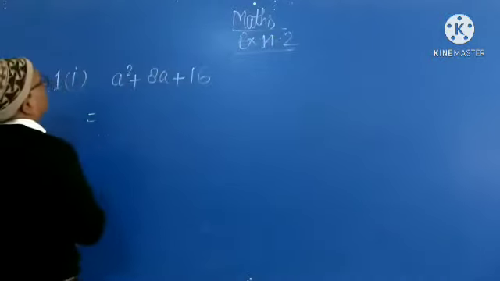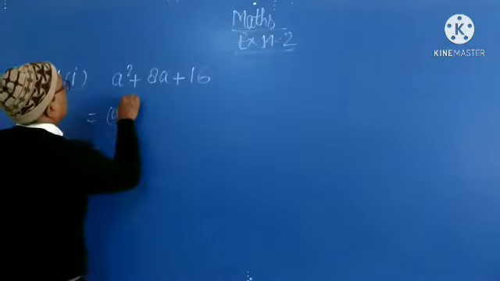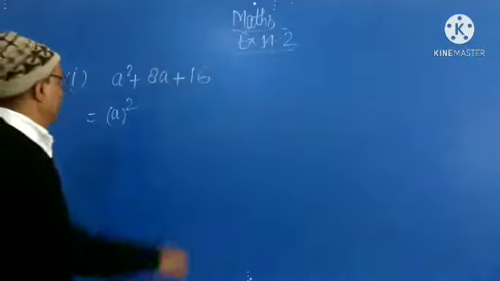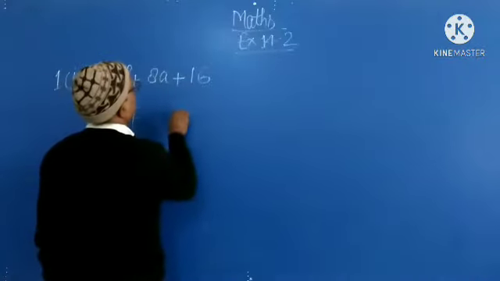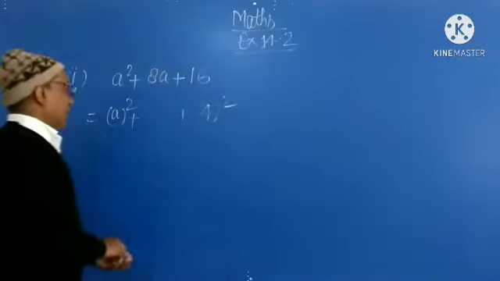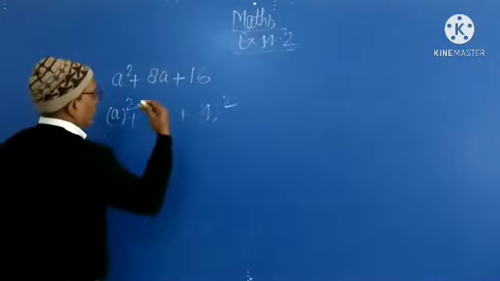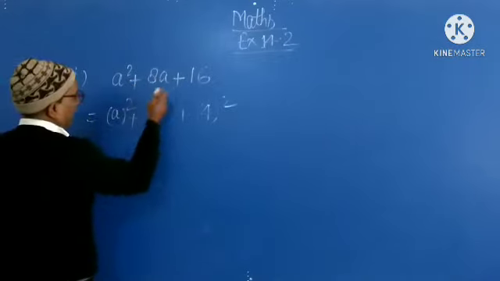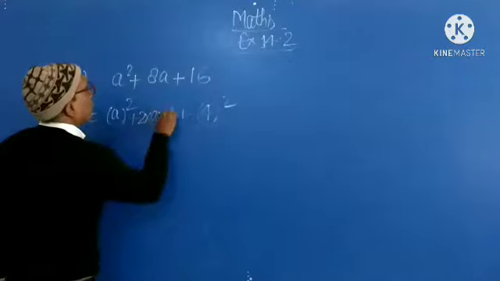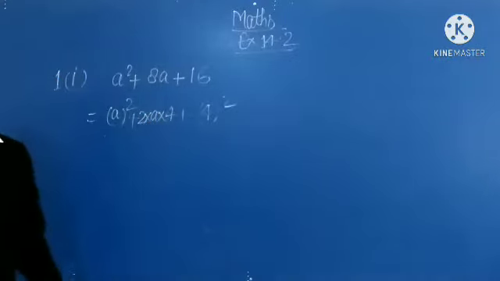Like you write this is a whole square, plus this is 4 square, and in the middle you want to write 8a, 2 into a into 4, means this is 8a.